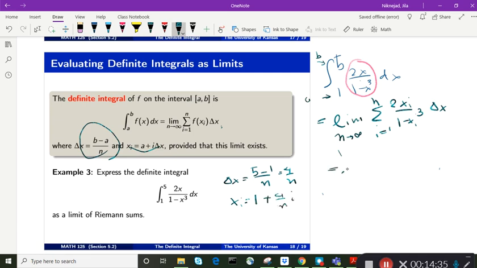So now I replace it. Limit, i equal to 1 to n of 2 times (1 plus 4 over n i) divided by 1 minus (1 plus 4 over n i) to the power 3 times delta x, which is 4 over n.